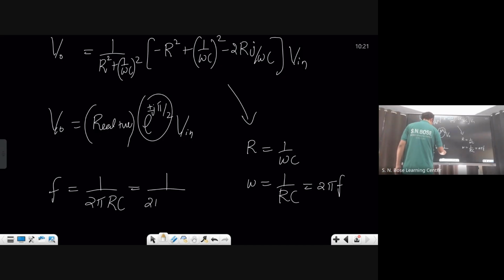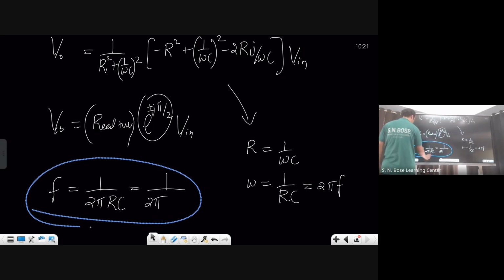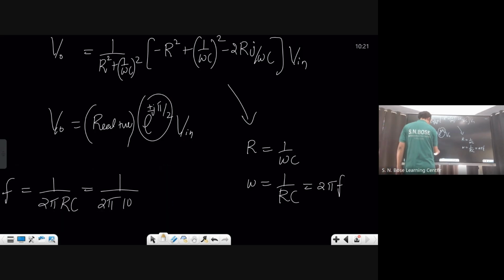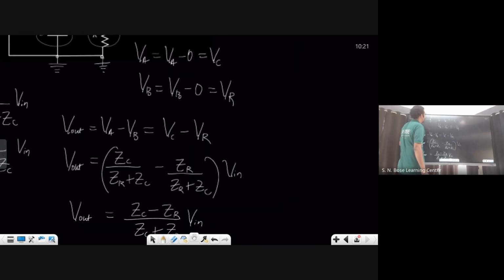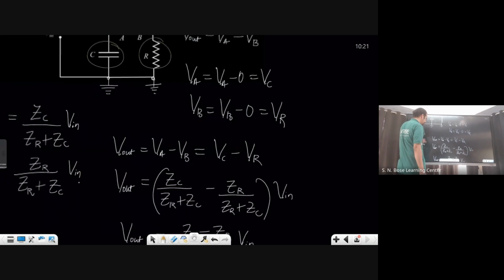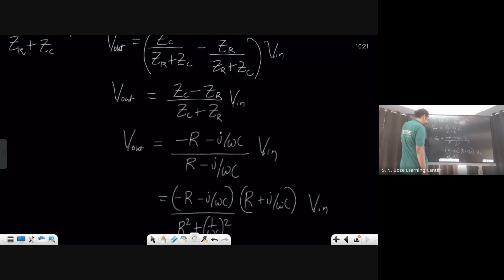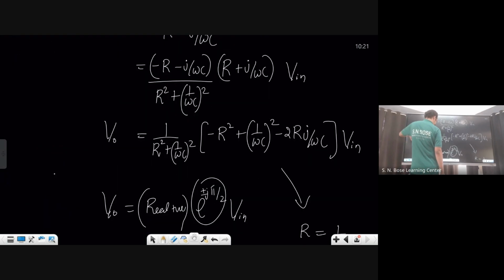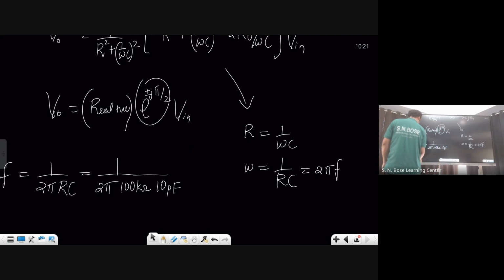He gave 100K, 100 kilo ohm, I think 10 picofarad. Everything is in SI unit. 100K, 10 pico. Fine. Right in terms of kilohertz. Quickly get me this one in terms of kilohertz.